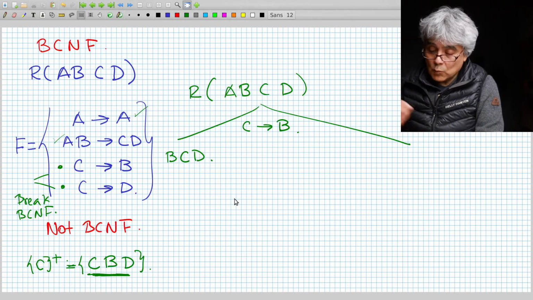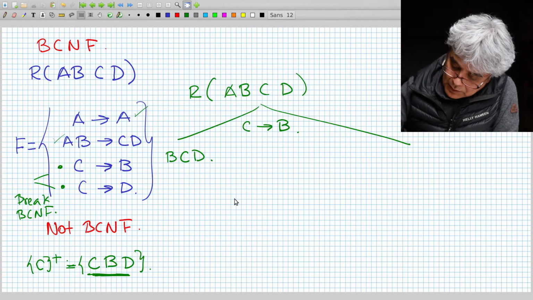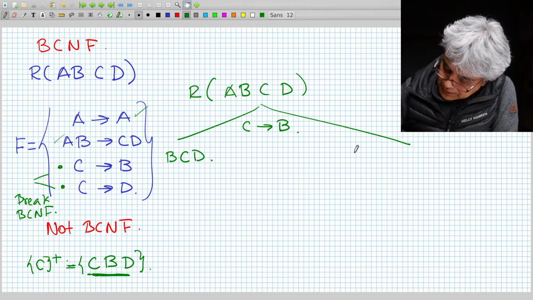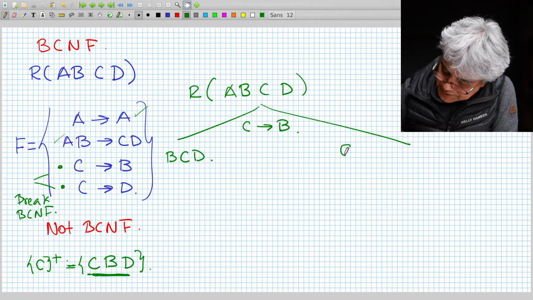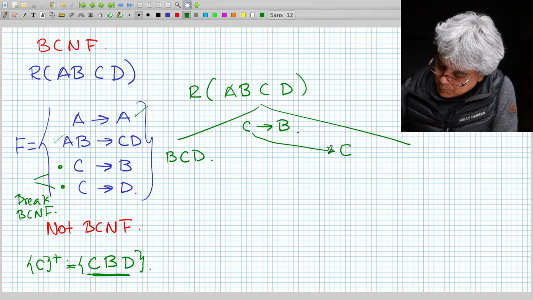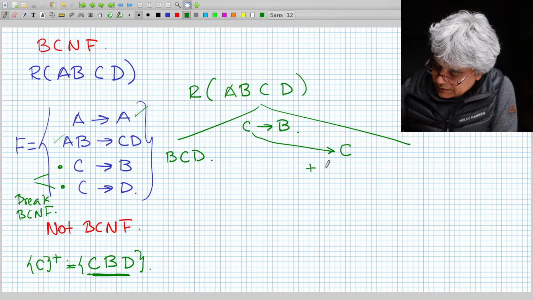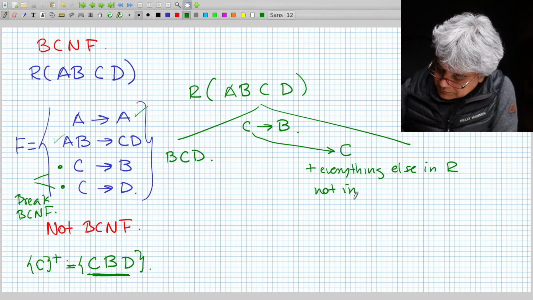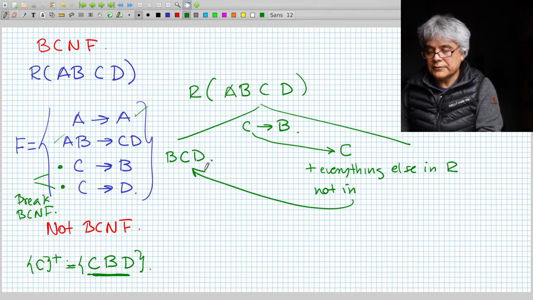So that's one side. What is the other side? Well, the other side will also have C plus everything else in R not in the other relation.